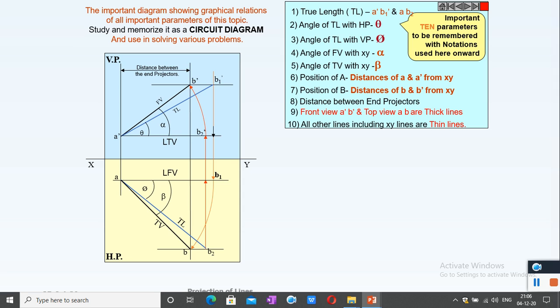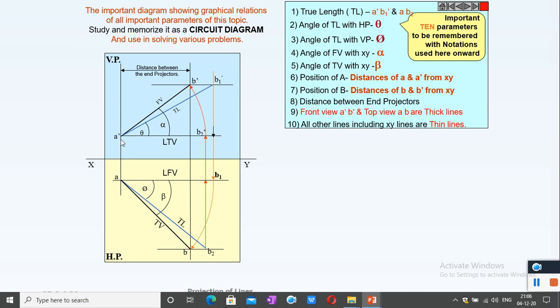Angle of true length with HP, theta. Angle of true length with VP, phi. Angle of front view with XY, alpha. And angle of top view with XY, beta. Also, the position of A, or the distance of A and A dash from the XY line.